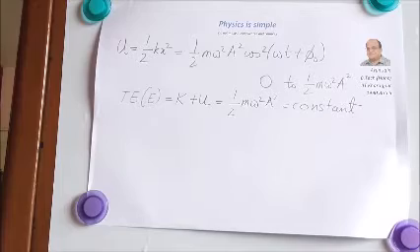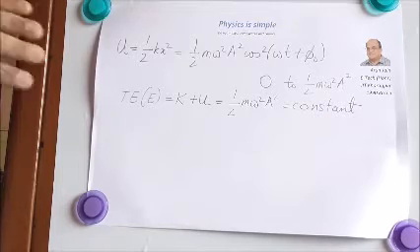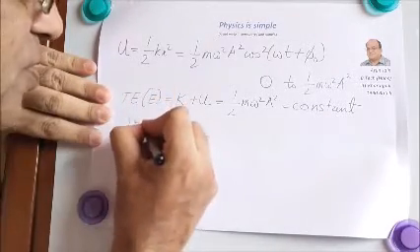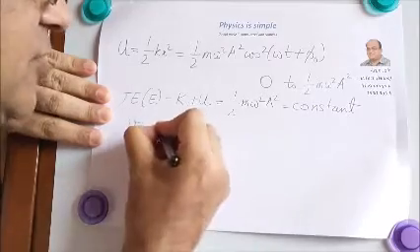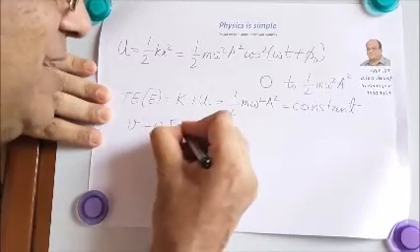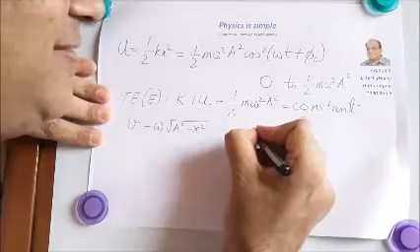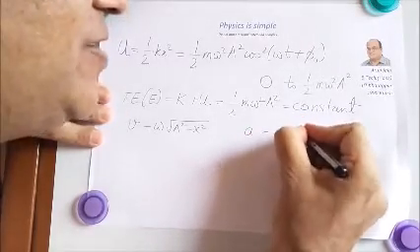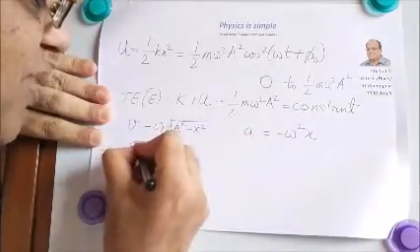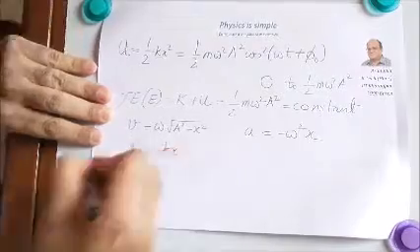If you look at the relationship between velocity and displacement, v is equal to omega root over a square minus x square. Acceleration is minus omega square x. F equal to minus kx.